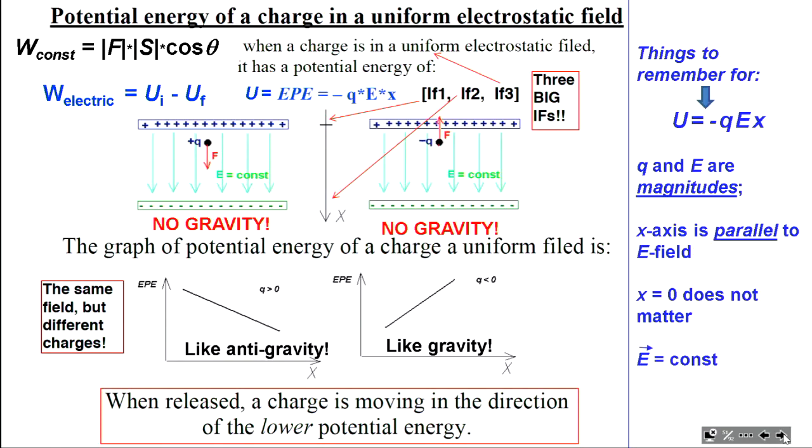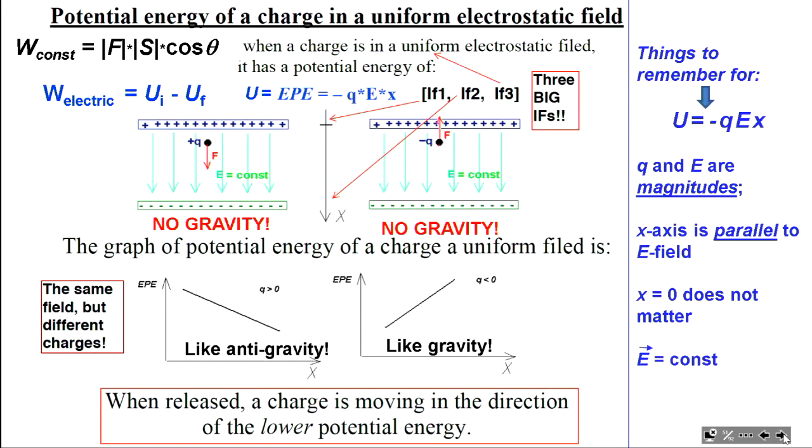On its own, it always moves from a higher potential energy to a lower potential energy. We have to do some work to bring it to a higher potential energy. And when we don't touch it, let it move, it always wants to reach the state with the lowest, theoretical lowest possible potential energy.